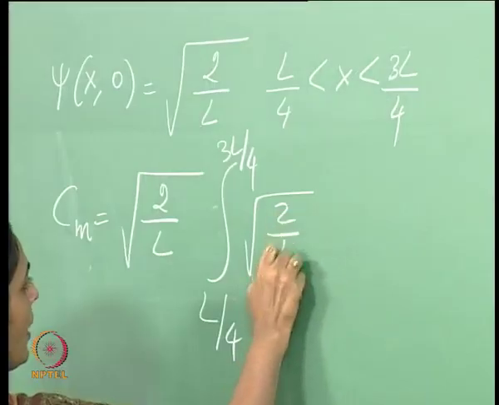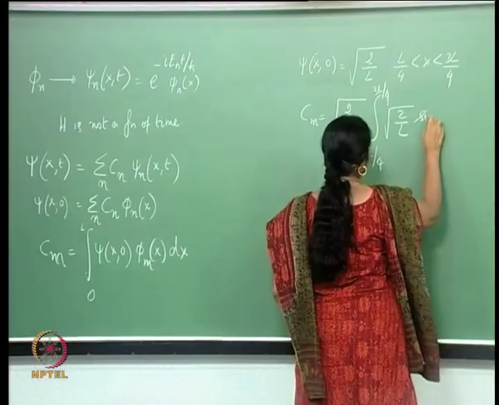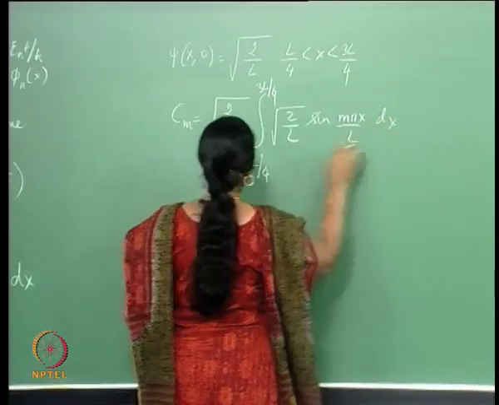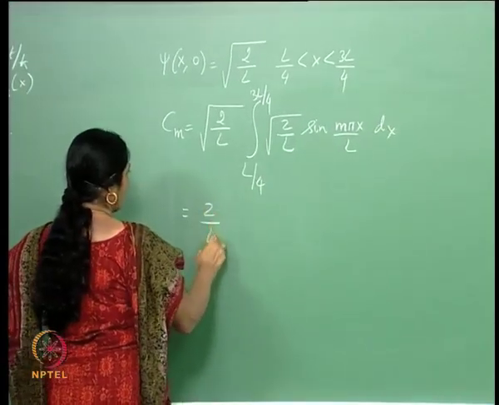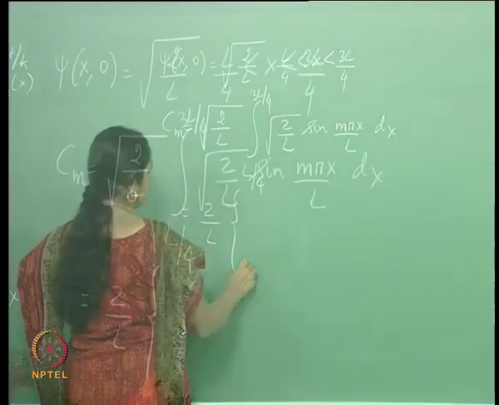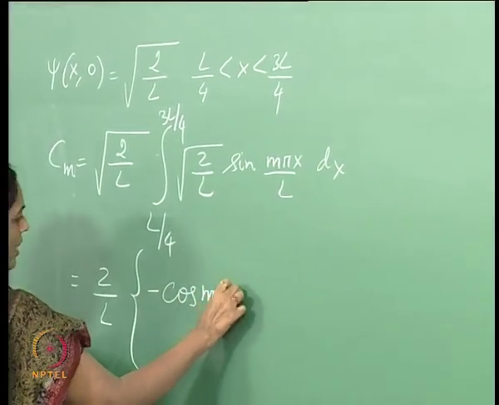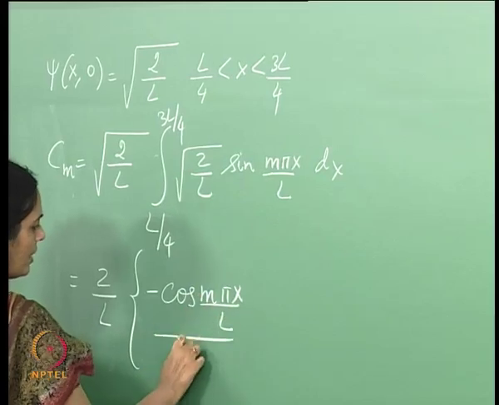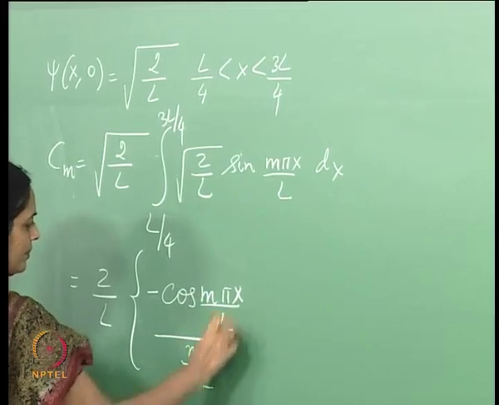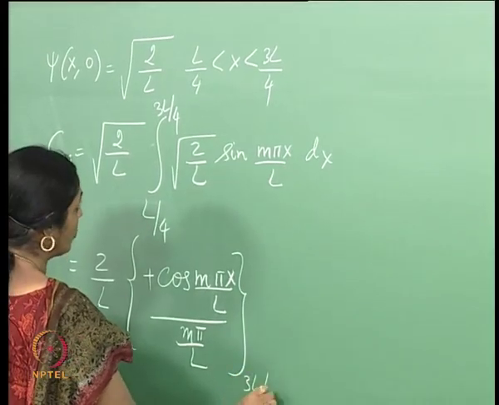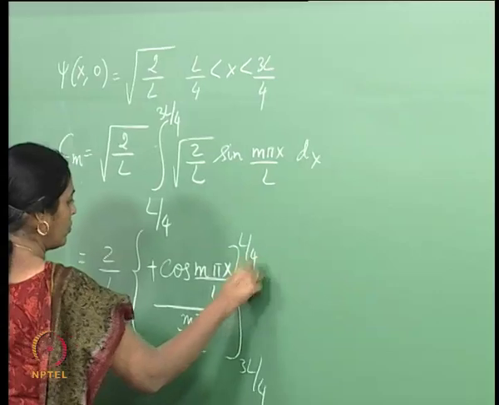That is root of 2 by L again, sine m pi x by L dx, which is 2 by L times minus cos m pi x by L divided by m pi by L. I can always put a plus sign and go from 3 L by 4 to L by 4.